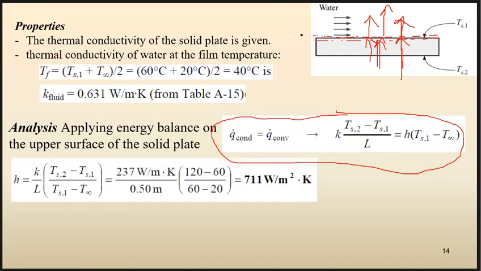Now, we have this energy balance. Conduction is equal to K times higher temperature minus lower temperature divided by thickness of the wall, equal to convection, that is equal to H times Ts1 minus T of the fluid.